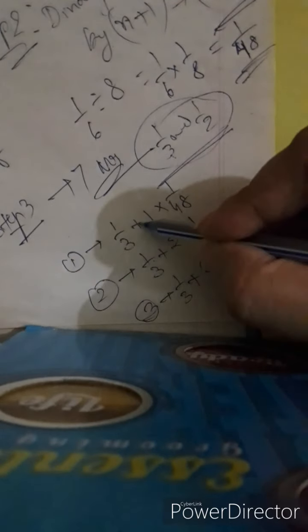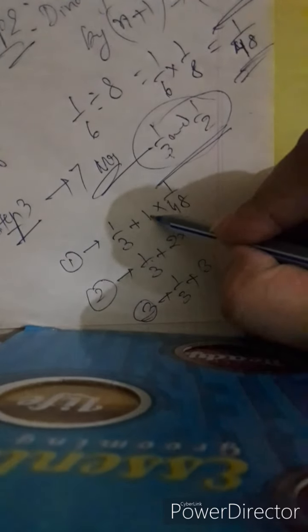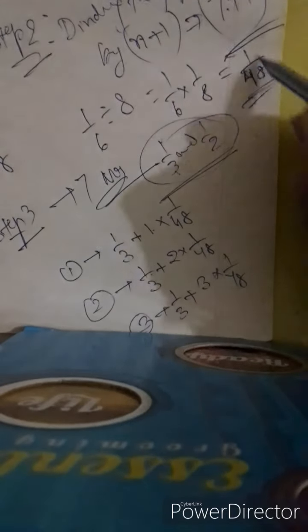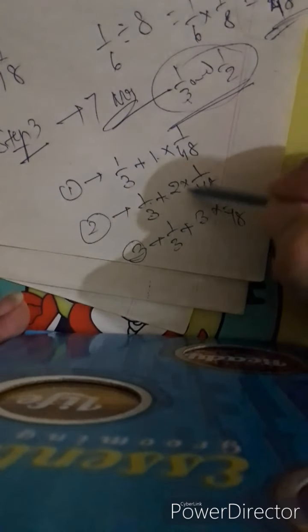So the fifth rational number is, I hope you are able to understand, 1 by 3 everywhere, it is common. For the first rational number it is plus 1 into the number we obtained in the second step, 1 by 48. The second is 1 by 3 plus 2 into 1 by 48. The third is 1 by 3 plus 3 into 1 by 48.